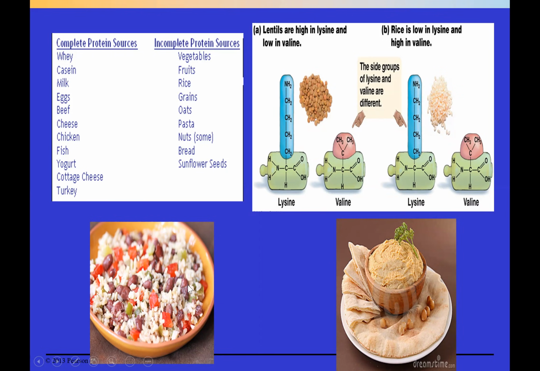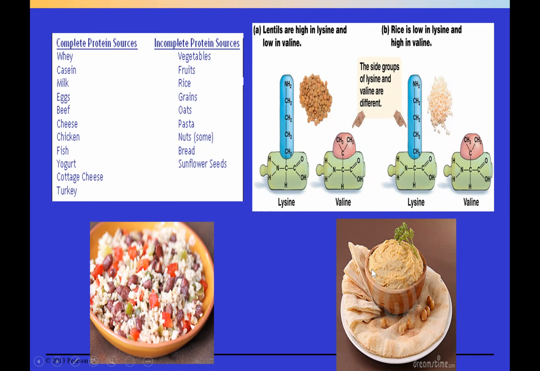So, if you take rice and beans, rice is low in amino acid lysine and high in valine. And it is the opposite for all the legumes. So together it becomes a complete food. So even if you are a vegetarian, you can eat an optimal diet.